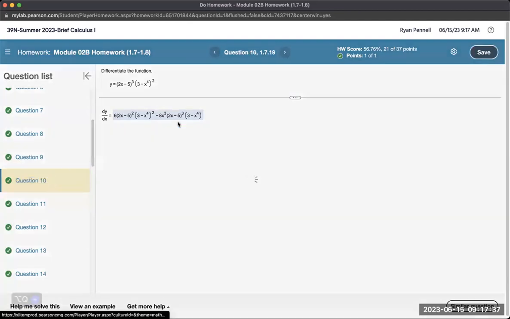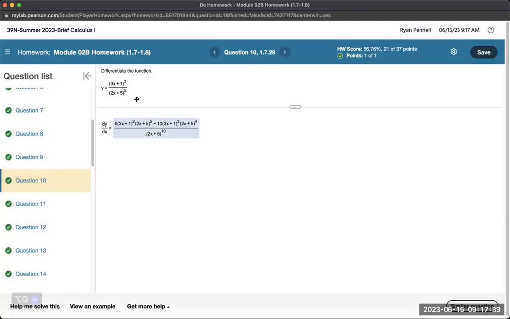Let's look at number 10. Number 10 is going to be quotient rule again. Okay. So quotient rule, we want to think of this as f over g. Okay. So quotient rule says that's f prime times g minus f times g prime all over the original g squared.